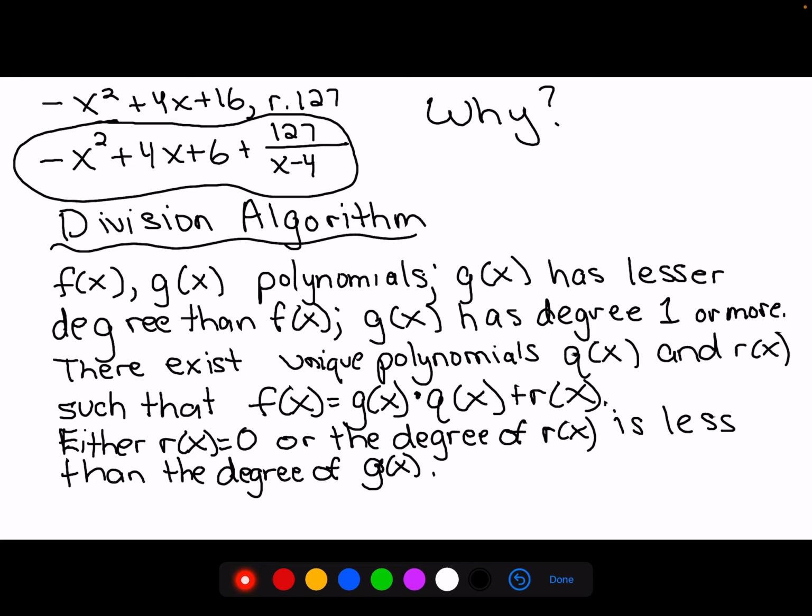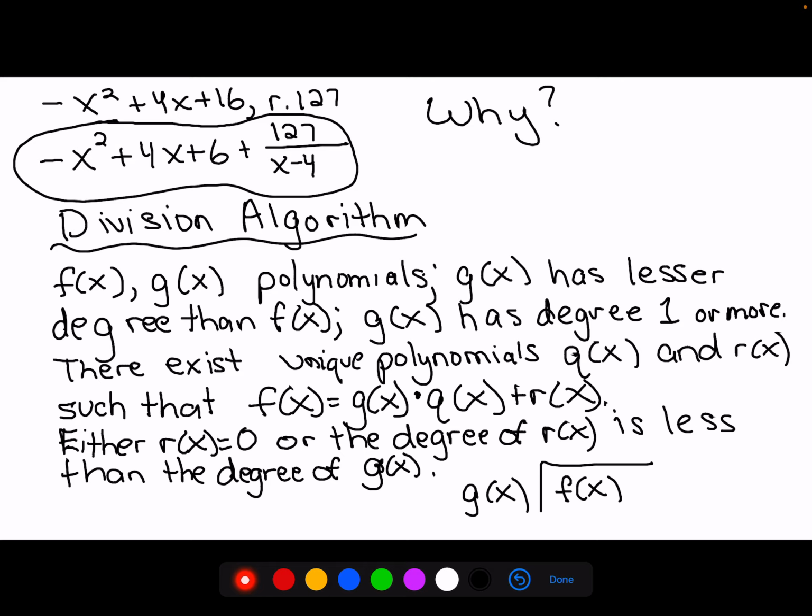So in our problem, we have our f of x being divided by our g of x. The f of x is the dividend. G of x is the divisor.